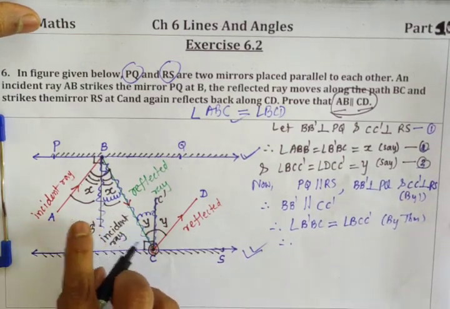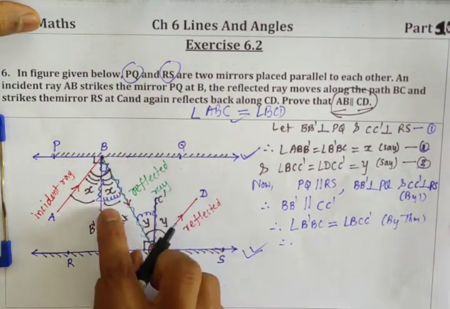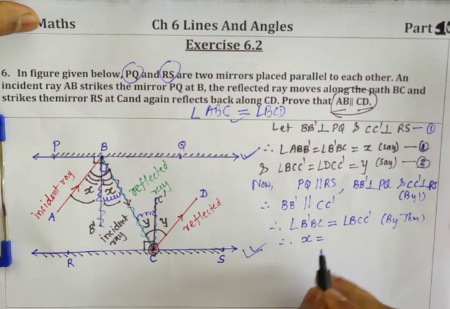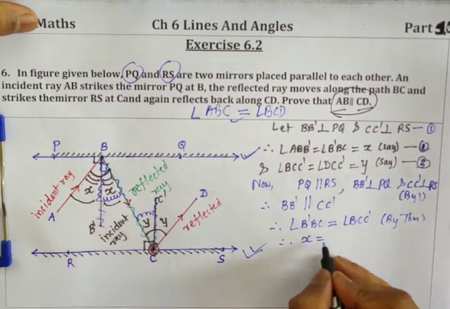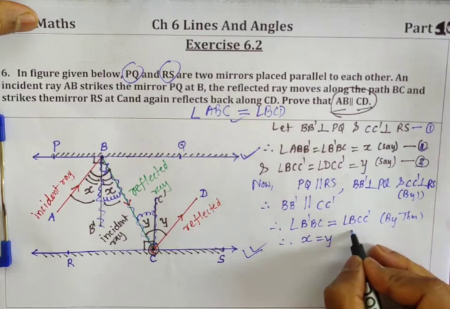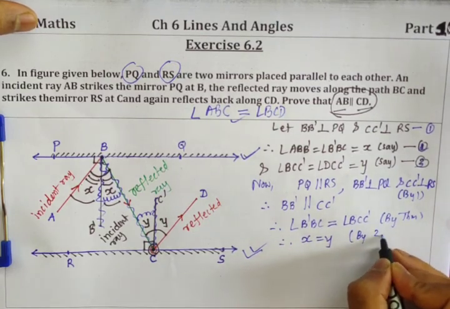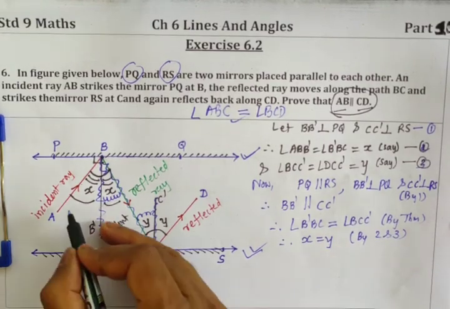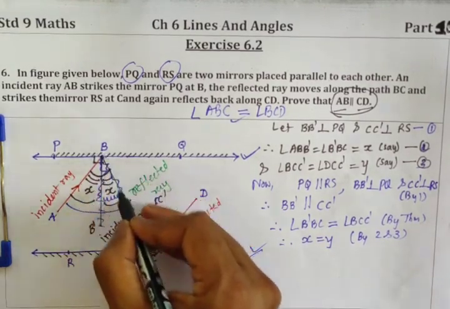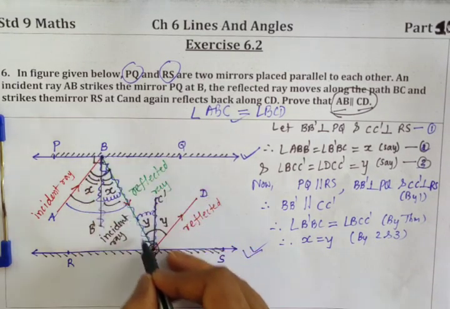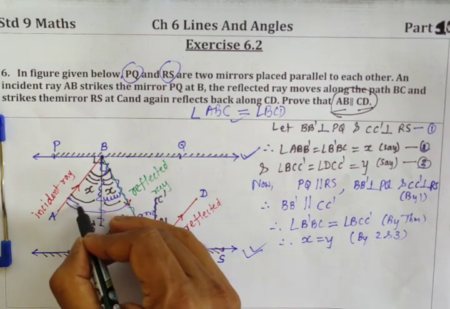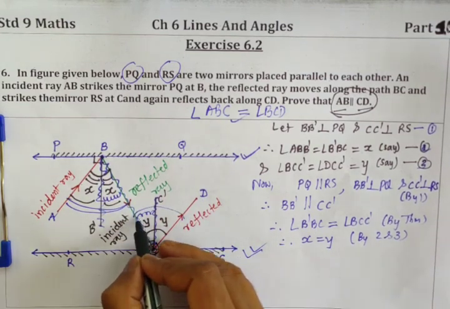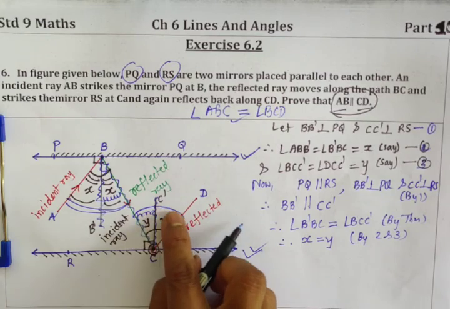Now B dash BC is x and BCC dash is y, by 2 and 3. Alright children, I need to show that angle ABC is equal to angle BCD, that means 2x and 2y, right, this is 2x and this is 2y.